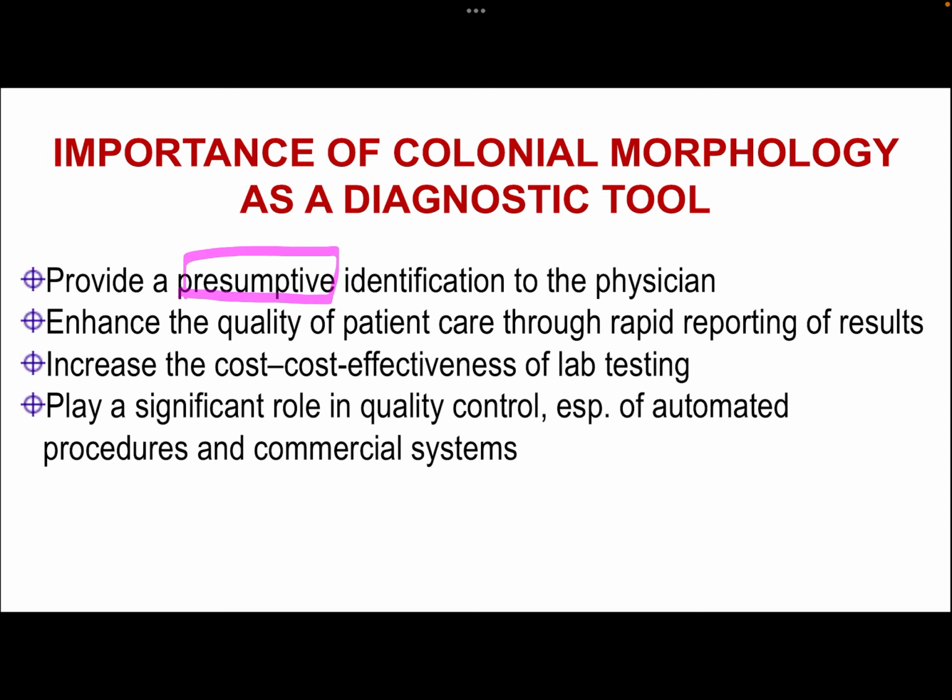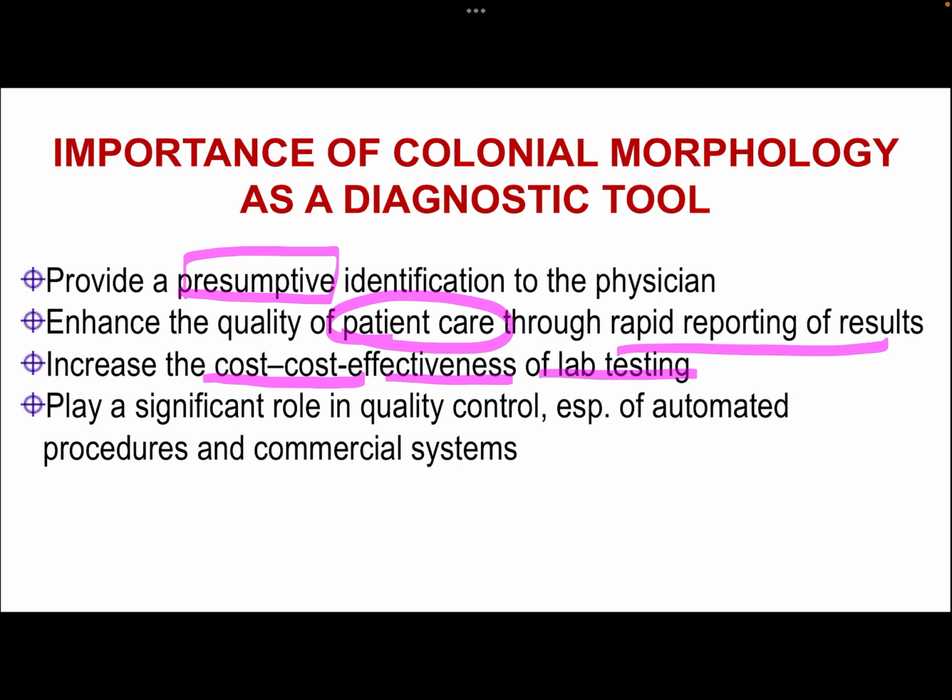Okay, another thing, it enhances the quality of patient care through rapid reporting of results, and of course increases the cost effectiveness of lab testing. Take note, if you know correctly how to properly identify the colonies, how to work them up, and you know the usual description of the colonial morphology, then you are helping the doctor speed up the treatment of the patient by generating correct and reliable results.